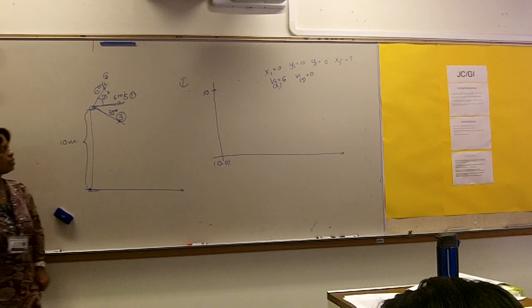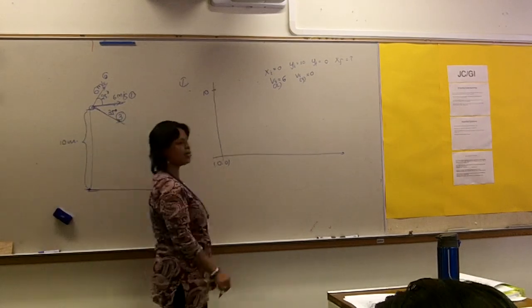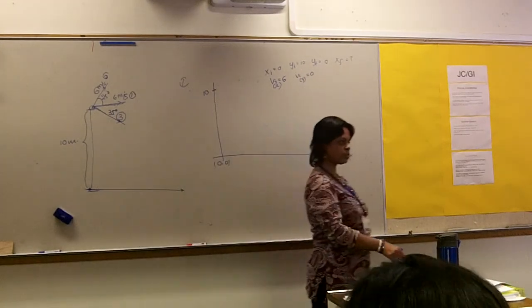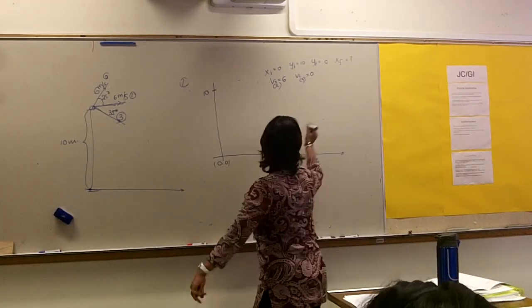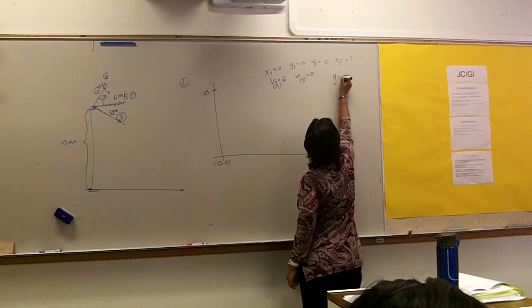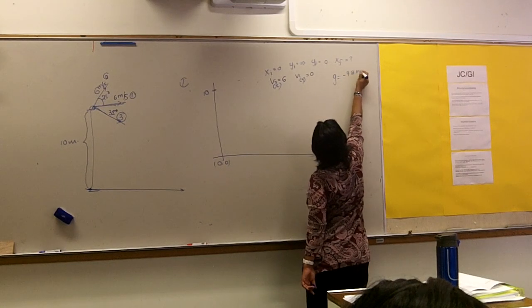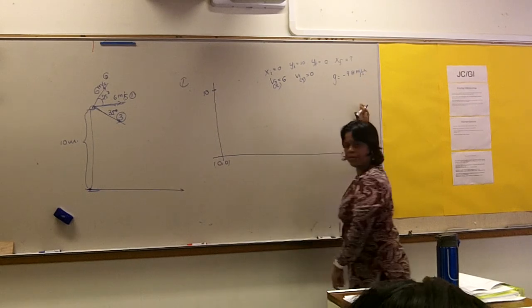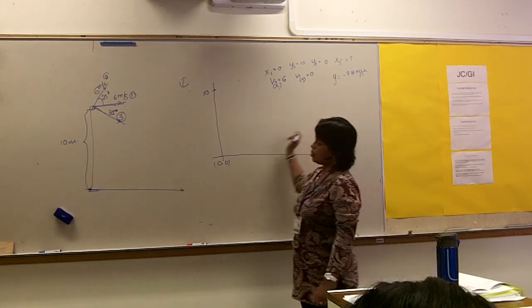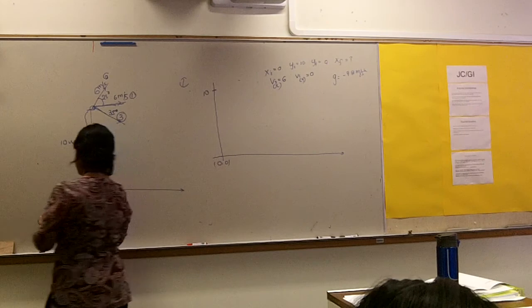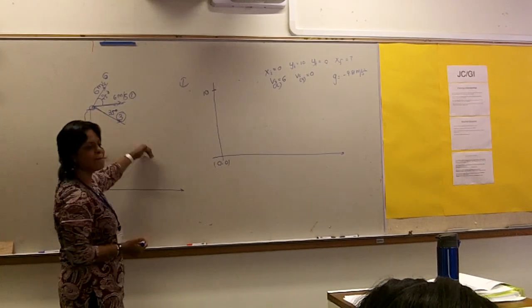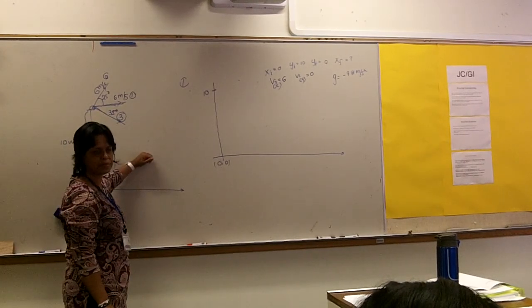Now, where does the acceleration act, upwards or downwards? So g is always negative 9.81 meters per second squared. To find the time, what is the best equation you can use here?